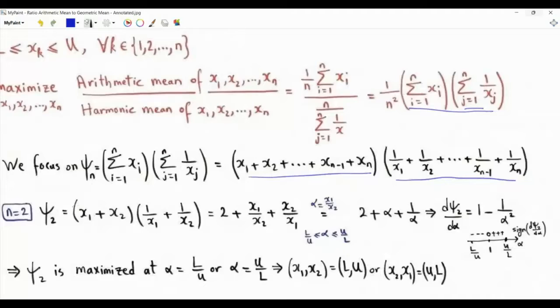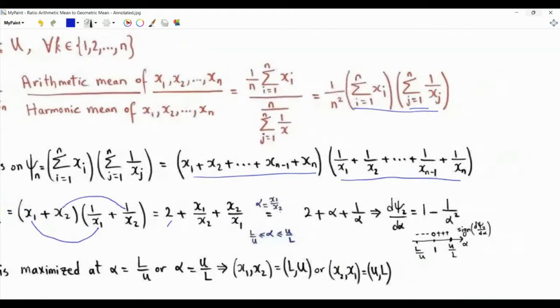To gain insight into the problem, let's do the case of small n equal to 2. When we multiply x1 by 1 over x1, that's 1, x2 by 1 over x2, that's another one, so we get 2, and then we get x1 over x2 plus x2 over x1.